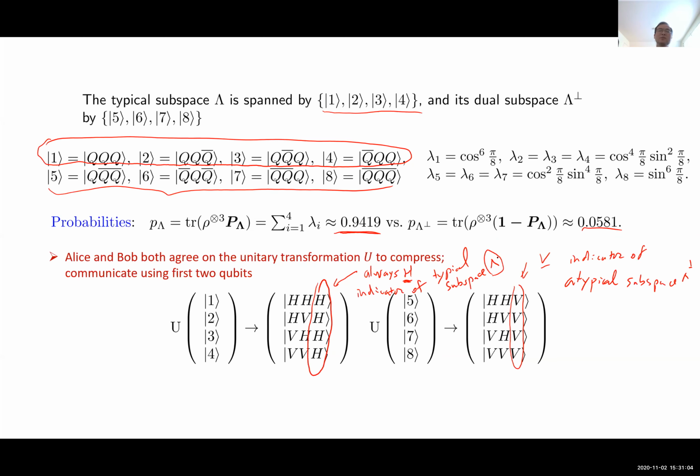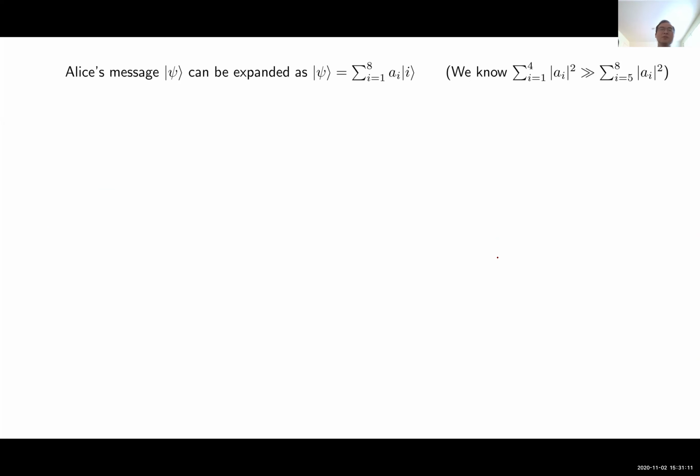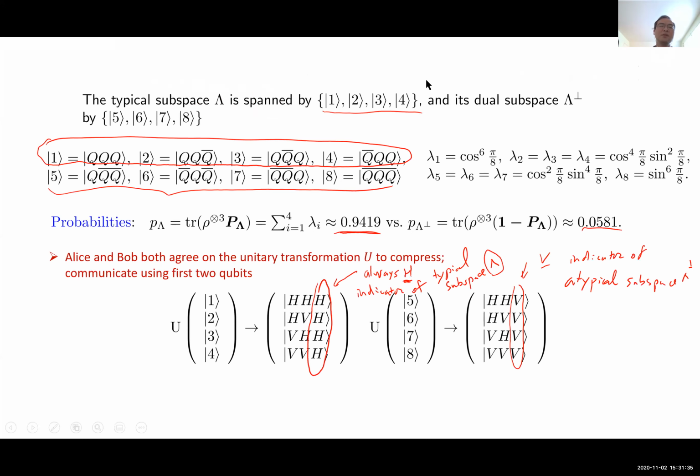So suppose they agree in advance on the unitary that they use to compress. Suppose Alice sends some message. In her original basis, she could send these, but these can always be expanded in the different bases, 1, 2, 3, 4, 5, 6, 7, 8.